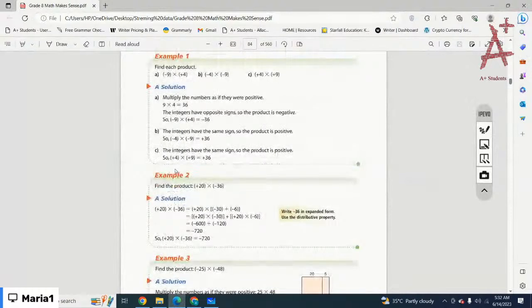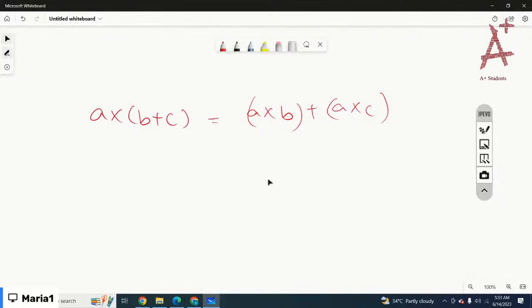So let's start with the first example, negative 9 times positive 4. Got it? So you simply multiply the numbers, like 9 times 4. 9 times 4 makes 36, and the integers have opposite signs, so the product is negative. Whenever you are multiplying two integers with opposite signs, the answer must be negative.